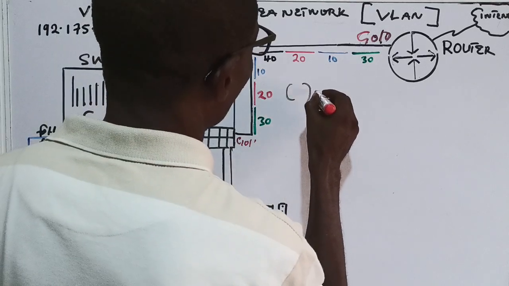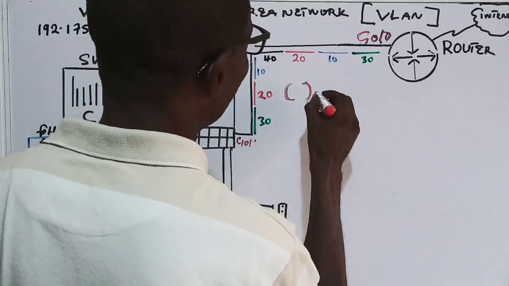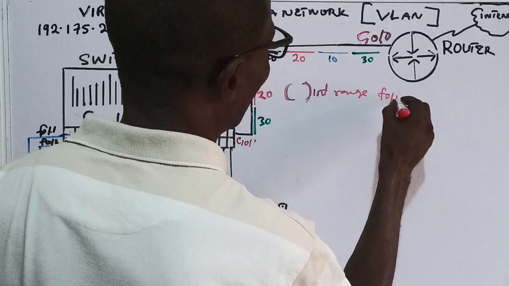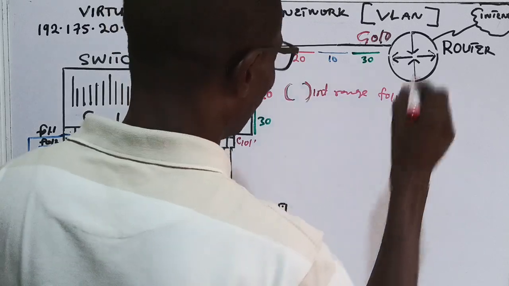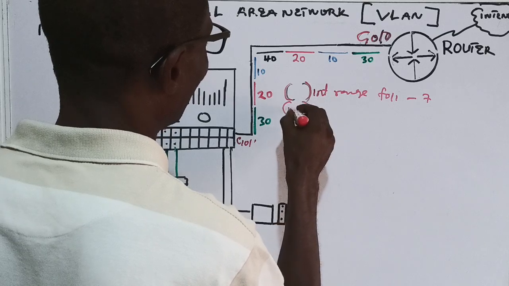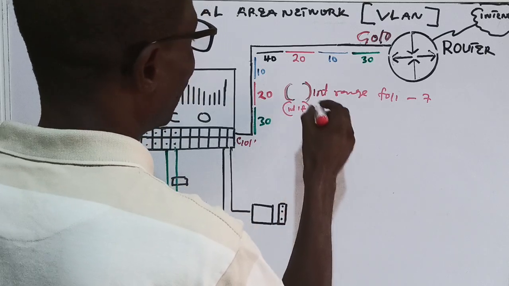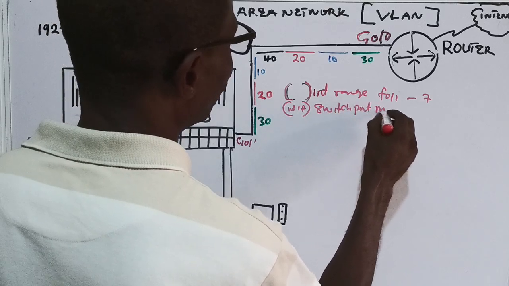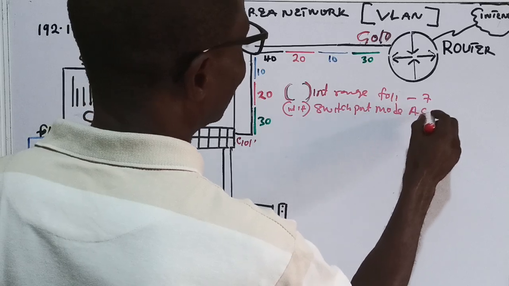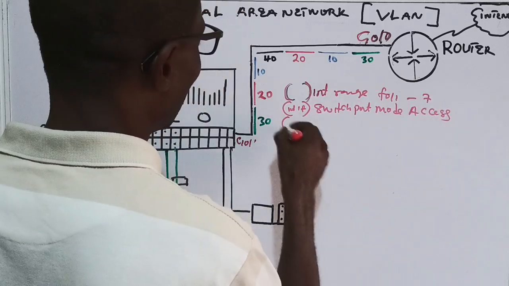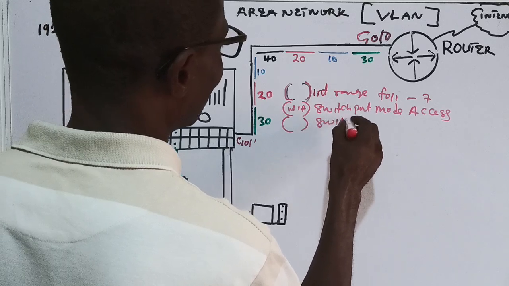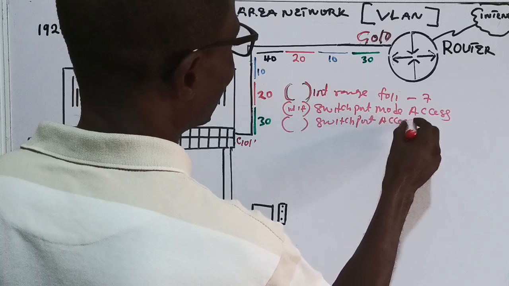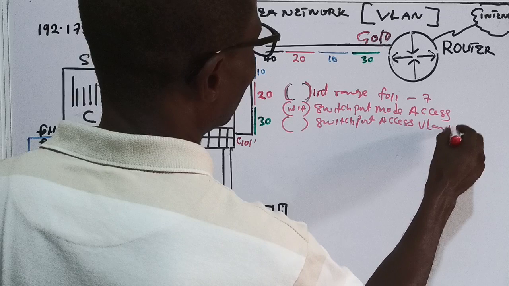What you need to do, from global configuration mode in this switch, is interface range Fa0/1 to 7. You hit enter to come to interface configuration mode, where you put switchport mode access. You hit enter, then switchport access VLAN 10.